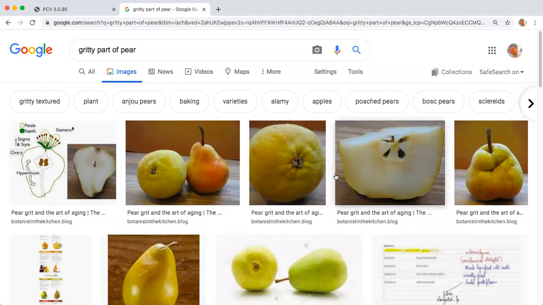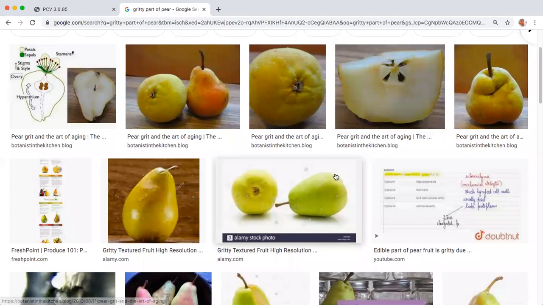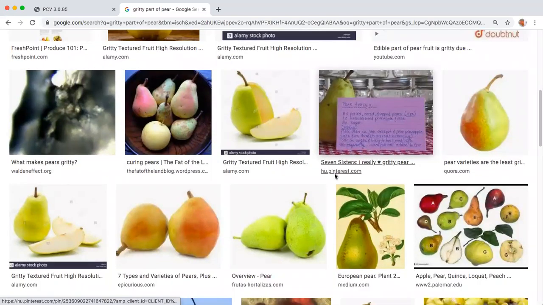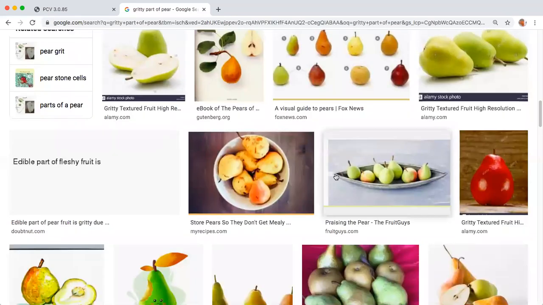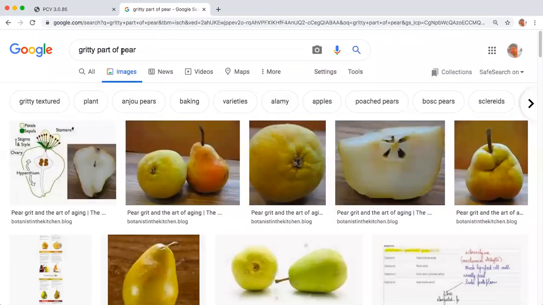You eat pear, in that pear you will get that gritty part. Wait a minute, this is pear that you are able to see. Or like, wait, let us say sclerites.